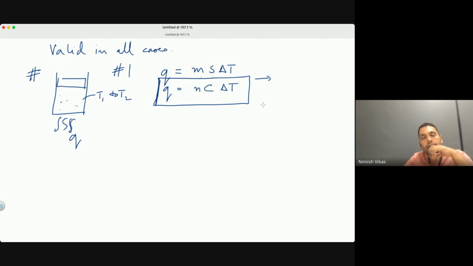But using this formula for gases is very tricky. For liquids and solids we use it easily. Can anybody tell me why for gases it is not so easy to use?